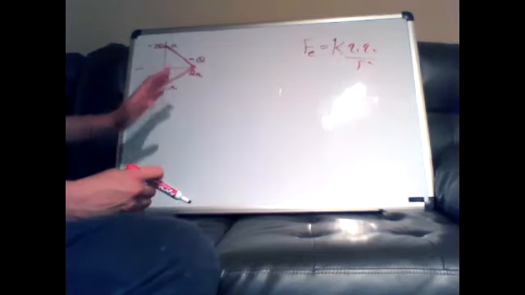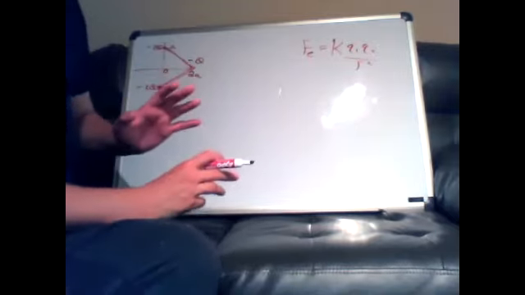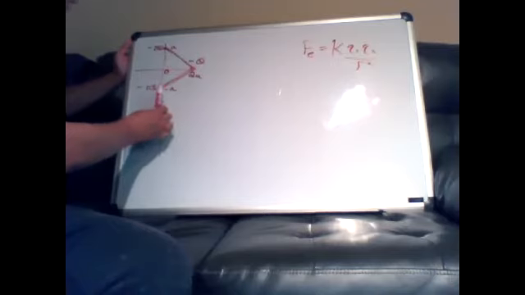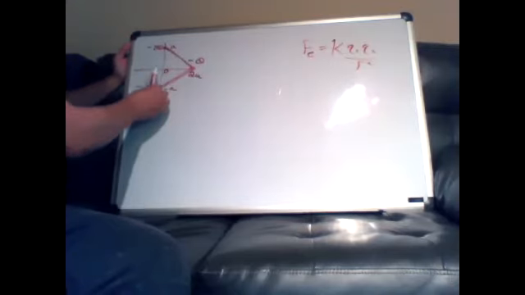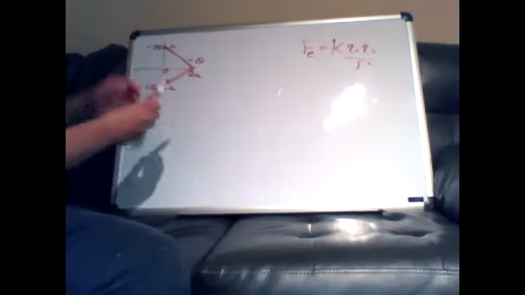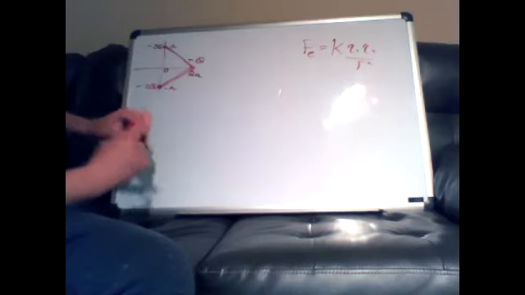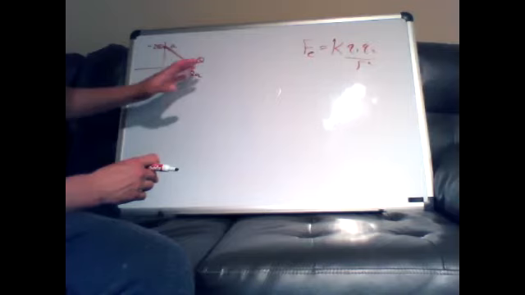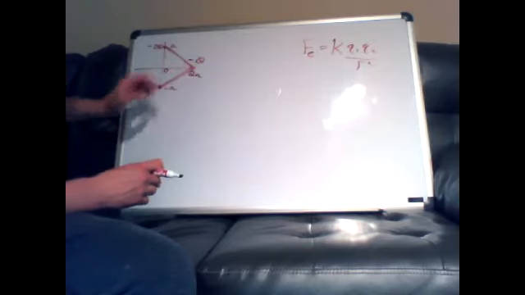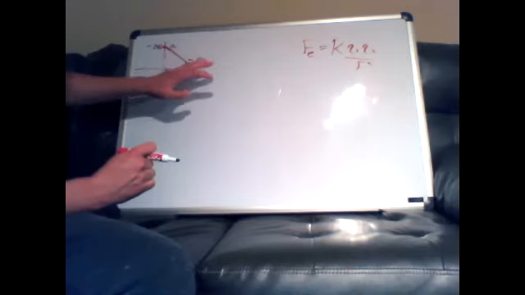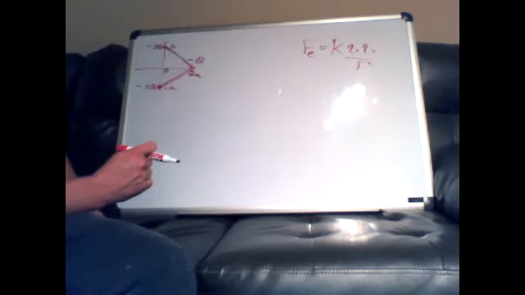Well, again, they make use of symmetry in really useful ways here. Because if I look at this, I can say, okay, this contribution on the y-axis is going to be canceled by this contribution on the y-axis. And so really, all we have to worry about is the x component of that electric field. And the only x component is just this negative q charge over here.